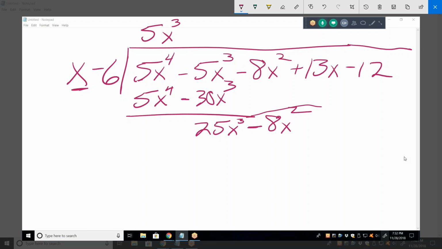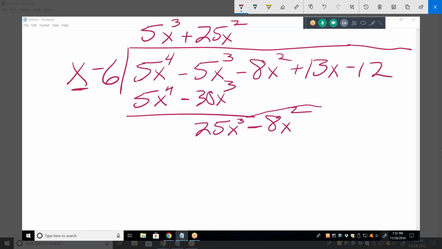You're dividing x into 25x cubed, so 25x squared. Now let's fill in this part down here.